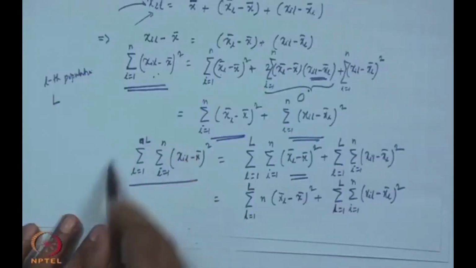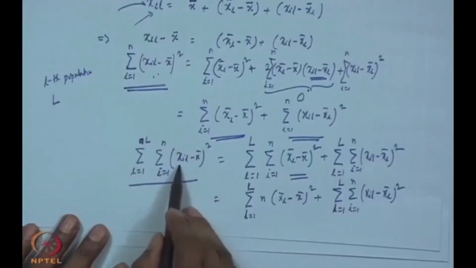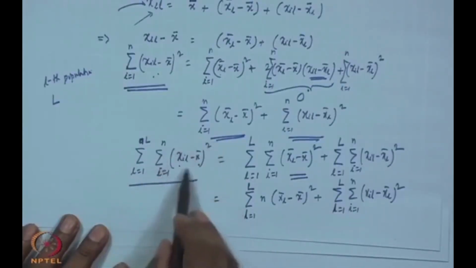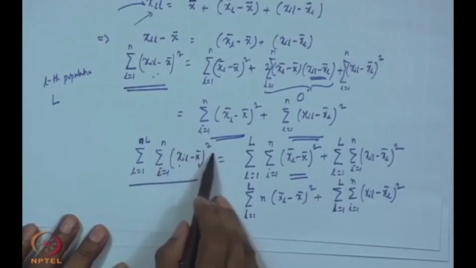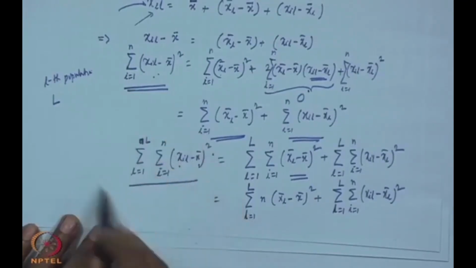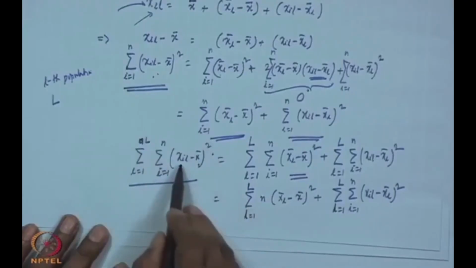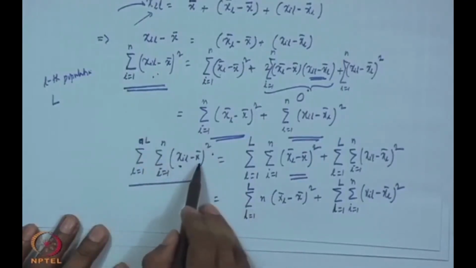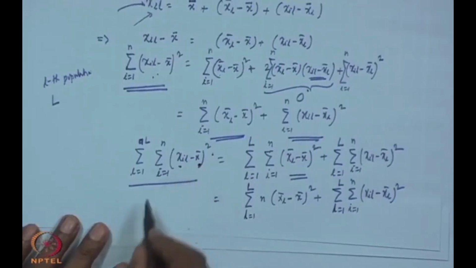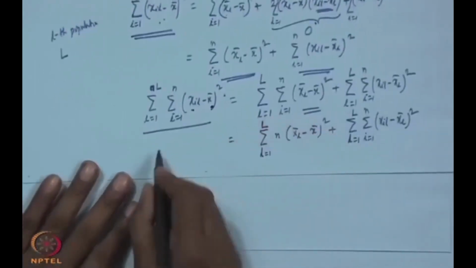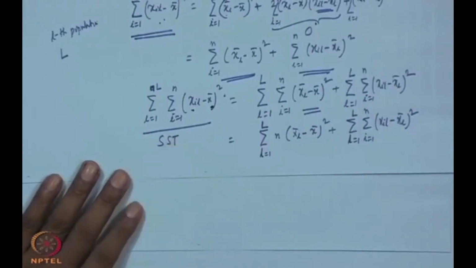Here we have not divided by the degrees of freedom, but this XIL minus X bar squared is the variability. For all the observations, you have subtracted the grand sample average. So this quantity is known as the sum of squares total.